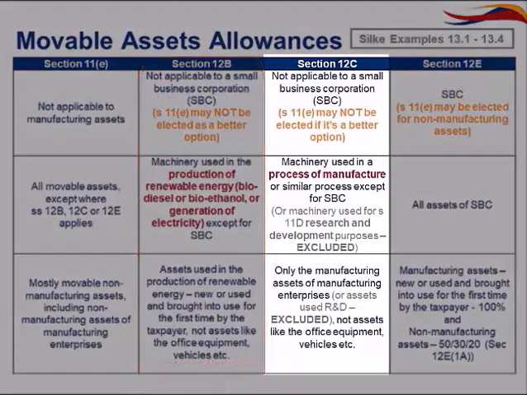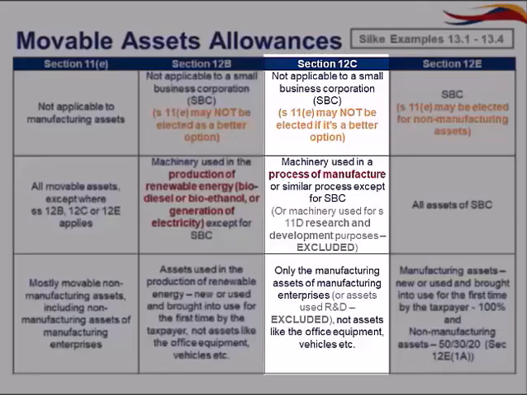Section 12C is not applicable to small business corporations, and section 11E may not be elected. So it's important for section 12C assets. If it qualifies for section 12C, we cannot elect to use section 11E, even if it is more beneficial.